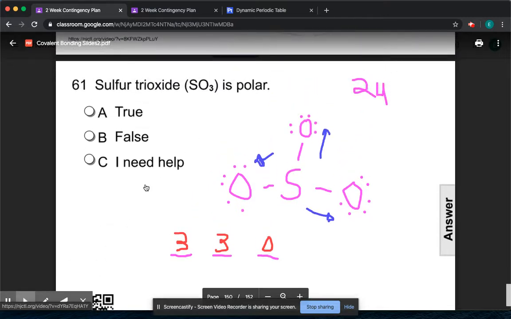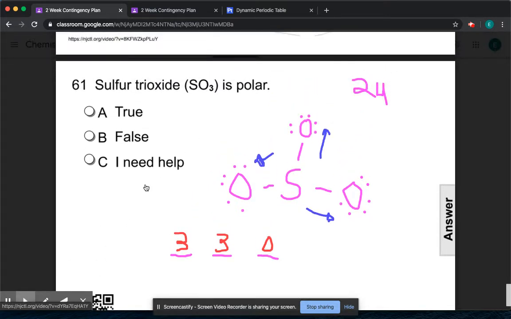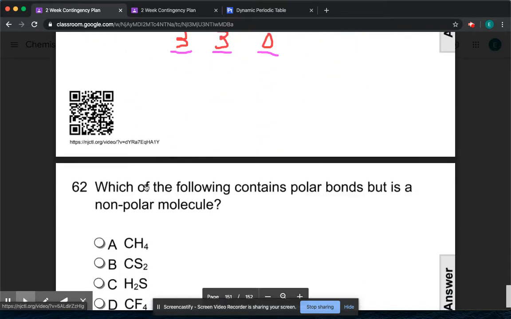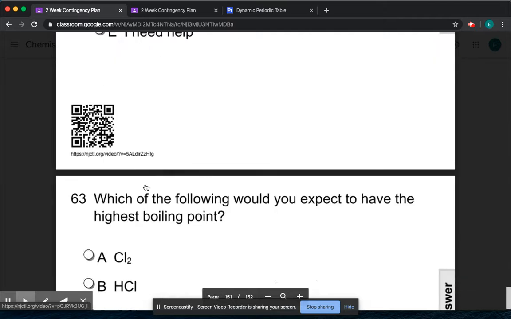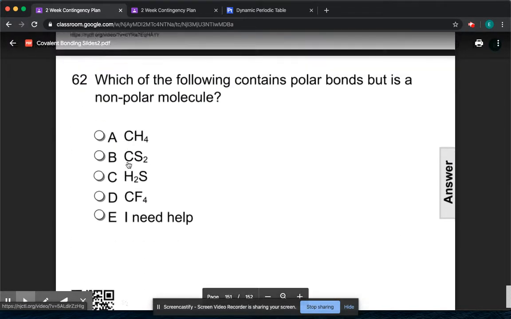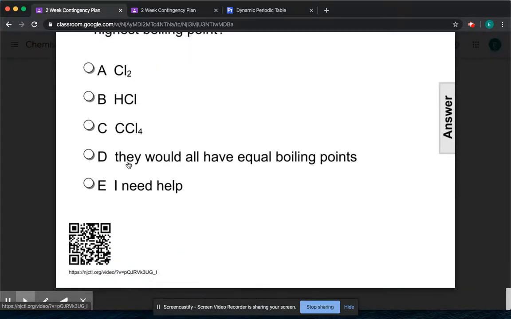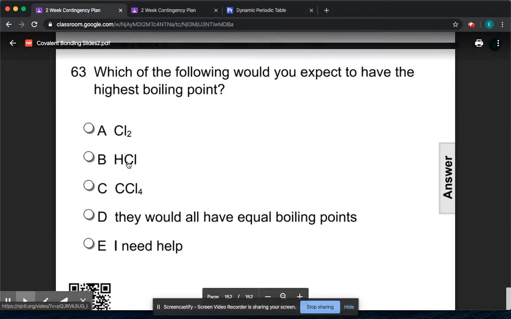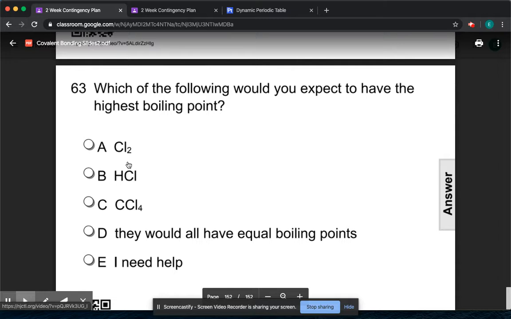To answer these questions, you have to combine the VSEPR theory and shape we did yesterday with the electronegativity and polarity that you learned from this unit. You have to combine the two topics. And I'll actually do 63, because 63 covers the boiling topic that it's important for you to know.